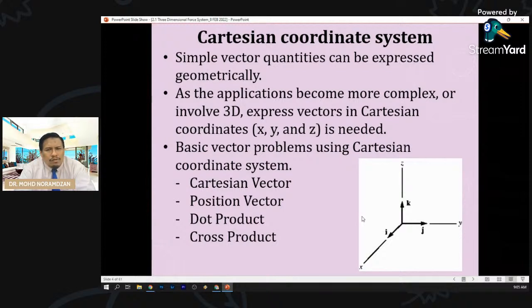At school, you learn about only two axes. Now in matriculation, we learn about three axes. So, basic vector problems using the Cartesian coordinate system: Cartesian vector, position vector, dot product, and cross product.